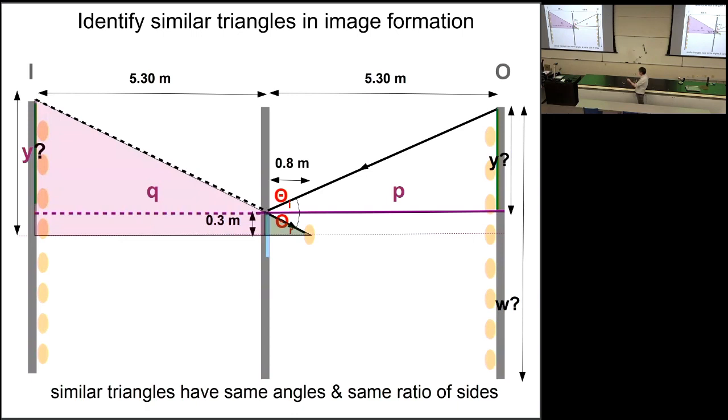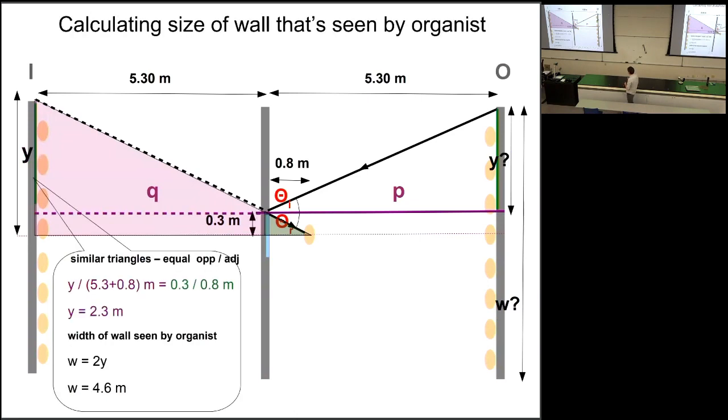If I can find the vertical side, which I called y, then I would know how much of the choir I can see. So I'm going to use this geometry based on two similar triangles that's kind of hidden in my construction of the image from the object.